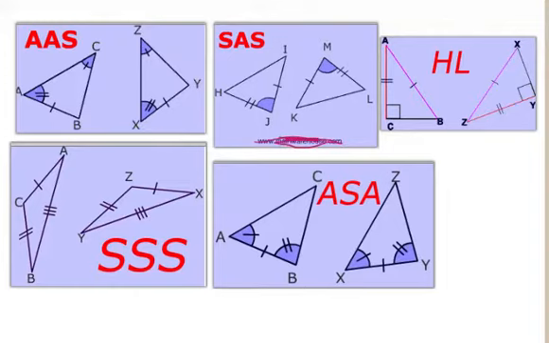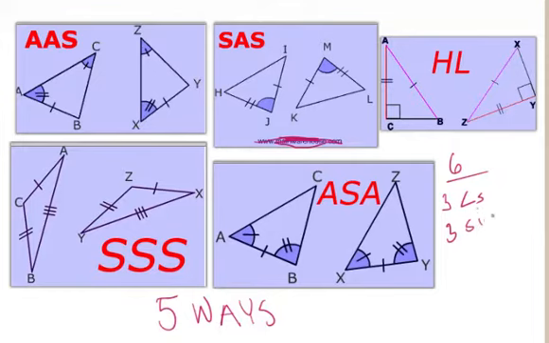There are five ways to prove triangles congruent. Now remember, there are 6 different pieces to a triangle. We have 3 angles and 3 sides.